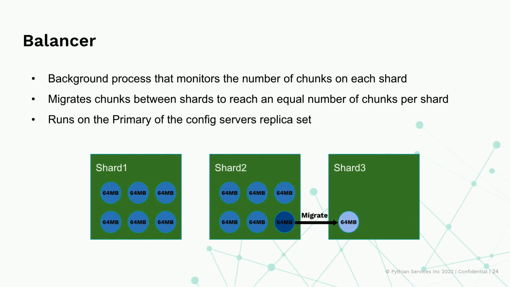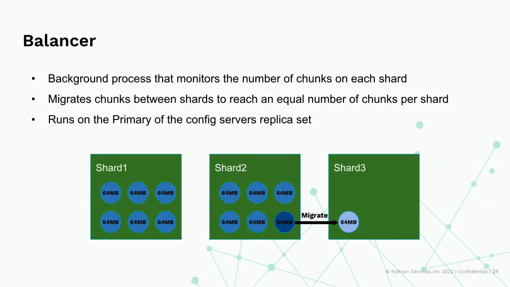And the last piece is the balancer, which is a process that basically monitors the number of chunks per shard, and then it decides to move chunks across the shards. So if we have a cluster with 3 shards and shard 1 and 2 have 6 chunks both, ideally, if every chunk is 64 megabytes, then what happens when you add shard 3 in this cluster, the balancer will say, I have my migration threshold of 2 chunks.